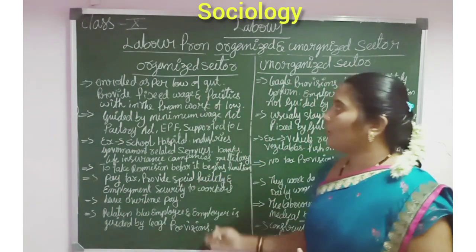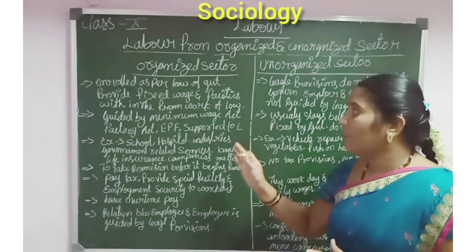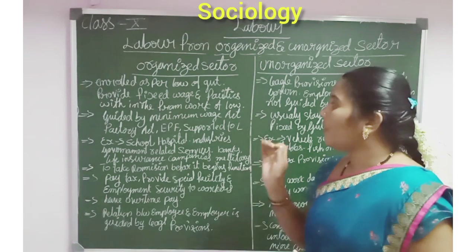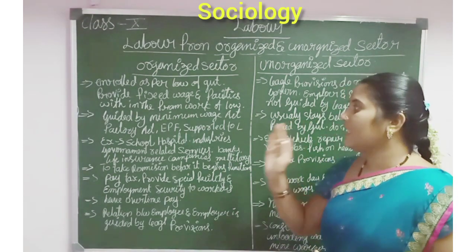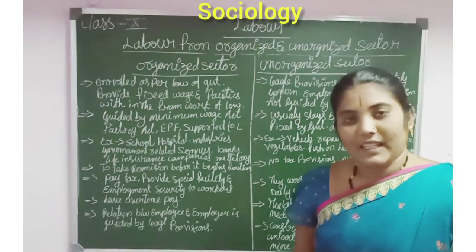This is all about the organized sector. The laborers who are enrolled by the laws of government and provided a fixed wage and facilities within the framework of law are called the organized sector.